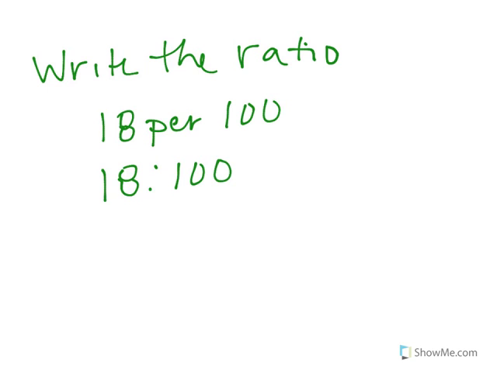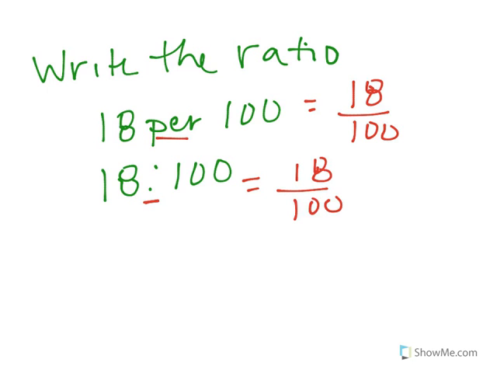You can use the word per, or you can use the colon. But what you have to realize is the word per and the colon is the same thing as a fraction bar. So you can rewrite this as 18 over 100 and 18 over 100. Notice the word per and the colon is the same thing as my fraction bar.